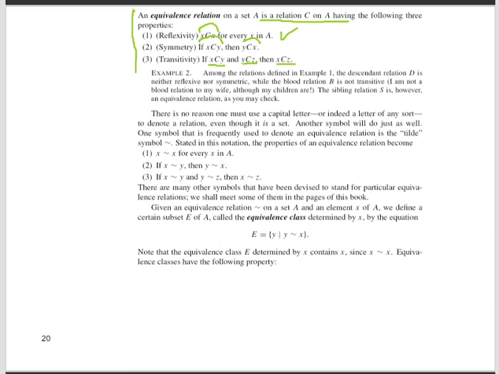What is the equivalence class? I define it here.